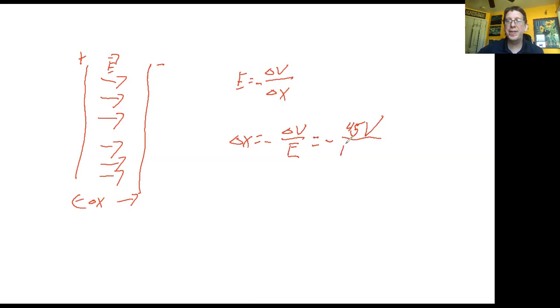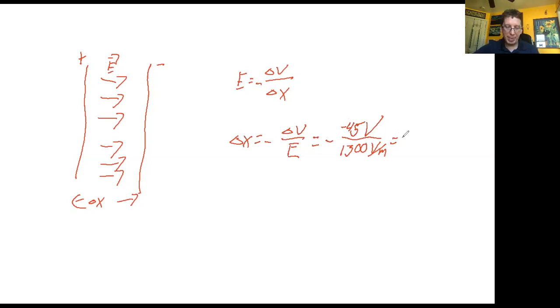So 45 divided by 1300 volts per meter, and that gives us, and again, it's negative 45 volts because you're going from positive to negative.